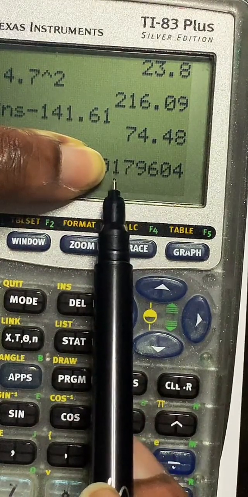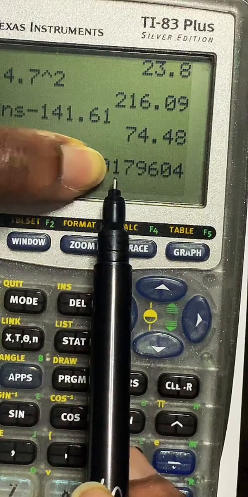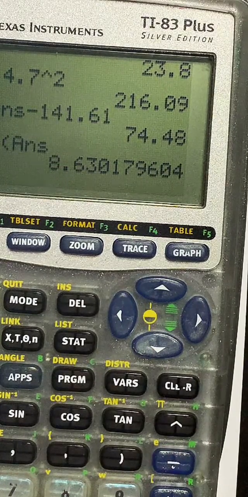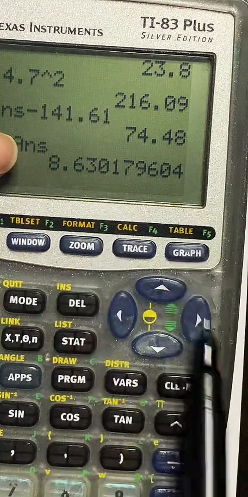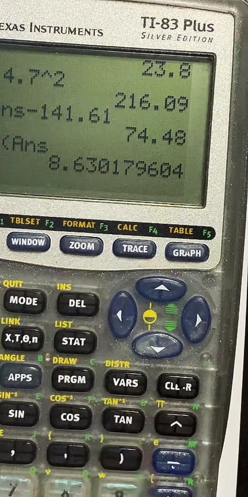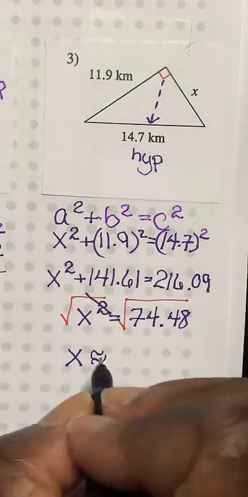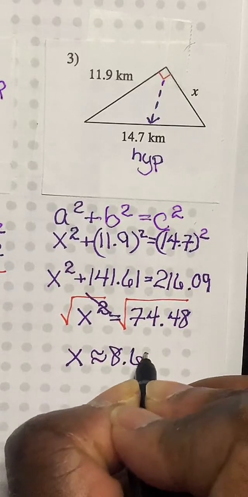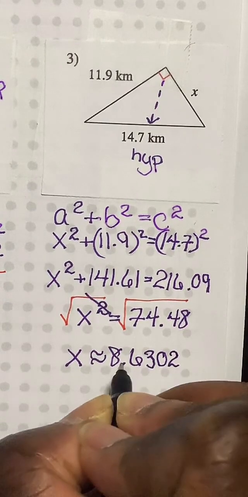So I add a 1 to the 1, which gives me my 2. If it was 4 and below, so 4, 3, 2, 1, 0, that part will just be gone and you stay right where you want to round to. So it's approximately 8.6302.